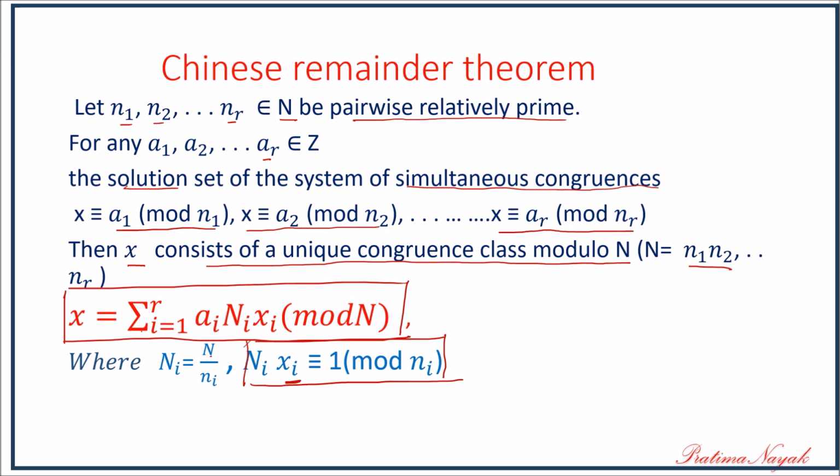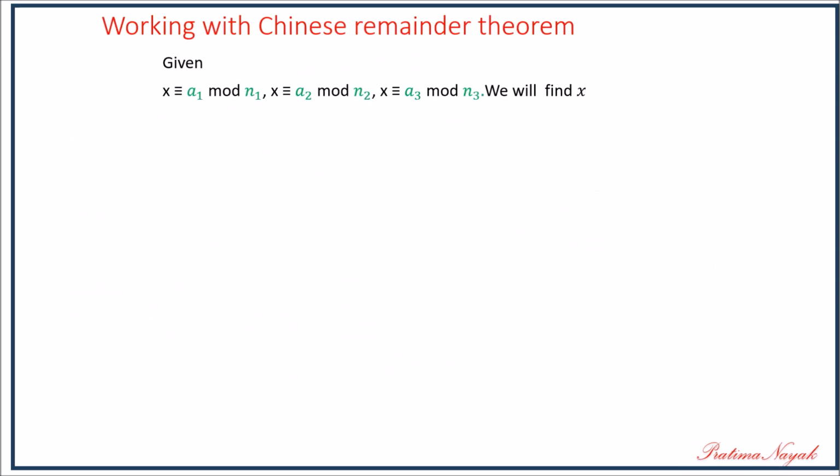So let us proceed to an example. I have taken three simultaneous congruences, and we will write the algorithm or steps of how we will find it so that it will be easier for you.